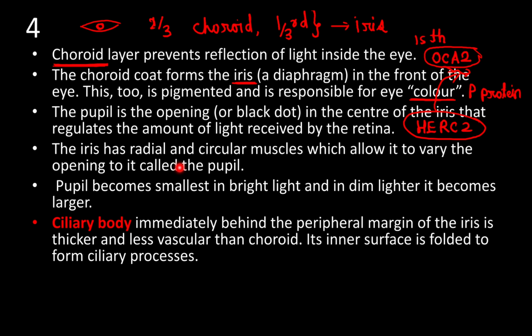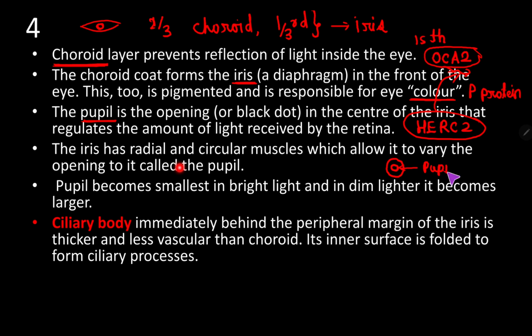Fine. Are you observing in the center of the iris one black color dot present? This black color dot is called the pupil. This pupil decides the amount of light received into the eye. This is our iris. In the center of that iris we have another small, black color structure. This is the pupil.